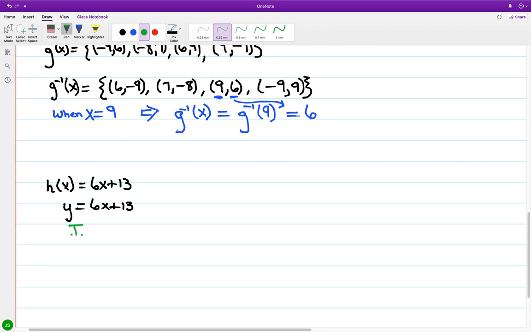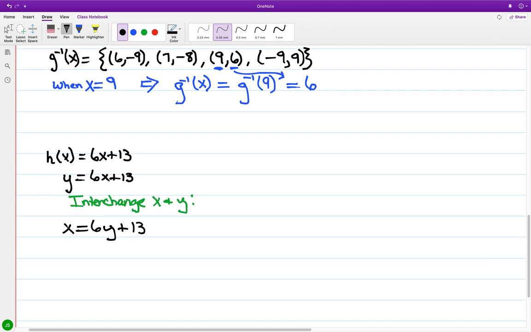Now in looking for the inverse, I'm going to interchange the x and the y. So we're going to have that x is equal to 6y plus 13. And I'm going to solve this equation in terms of y.